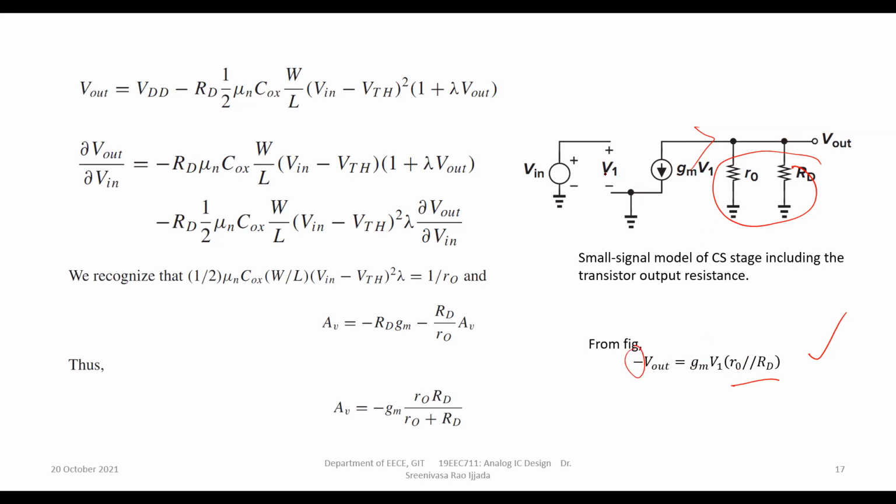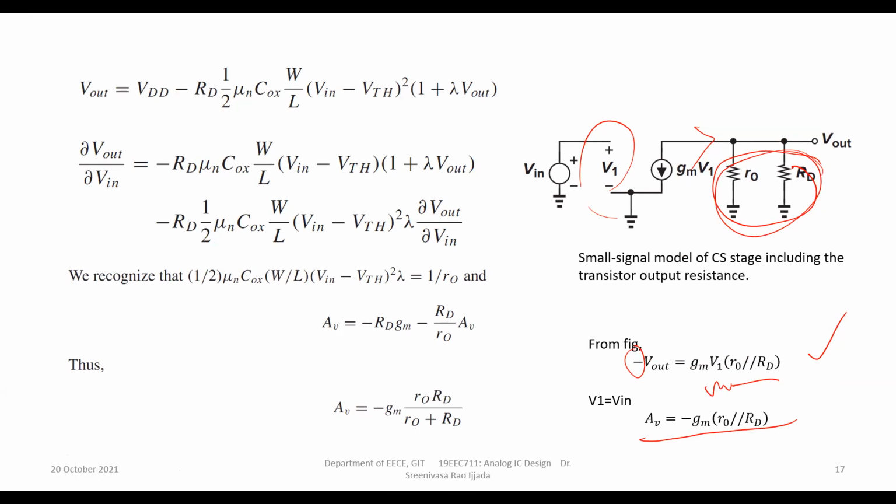What is V1? V1 is nothing but input voltage. So then your gain is equal to minus GM into the parallel combination of these two. This is the gain equation of CS amplifier considering the channel length modulation.